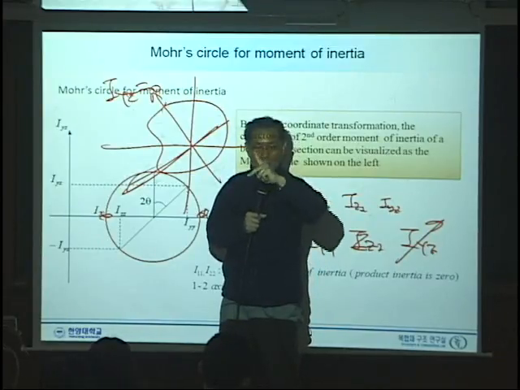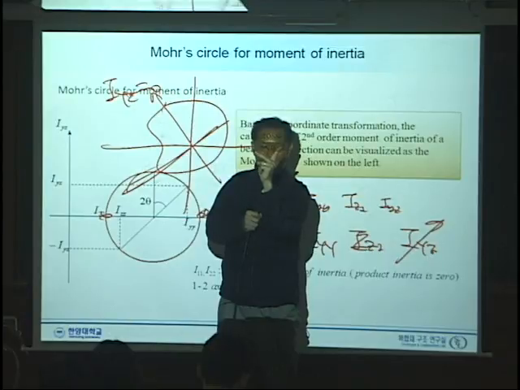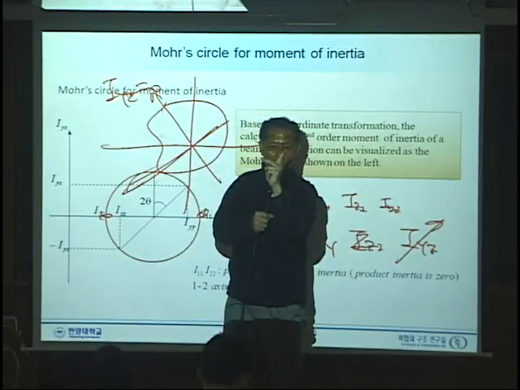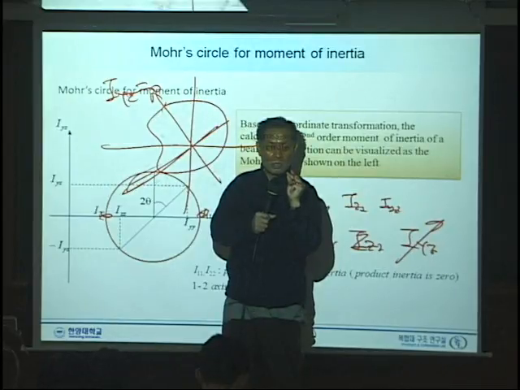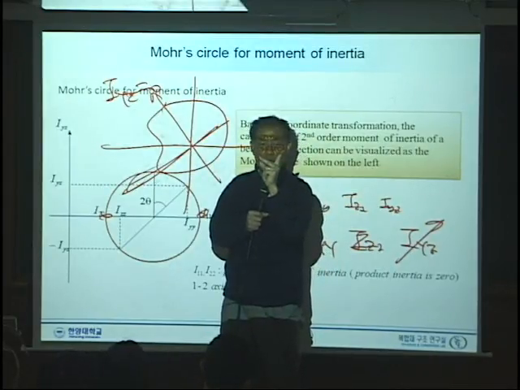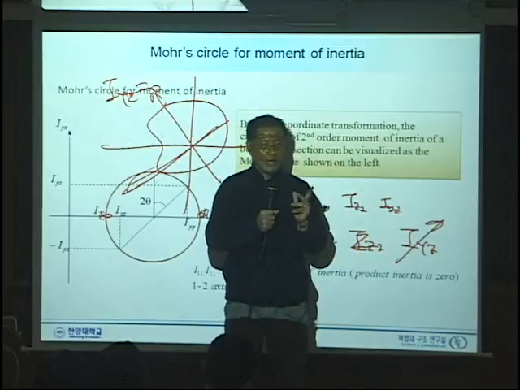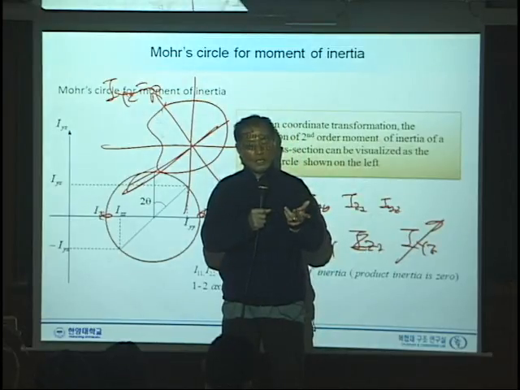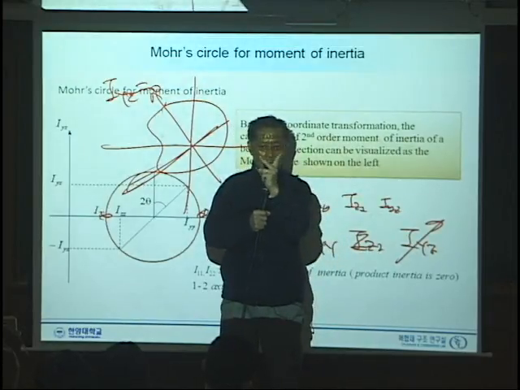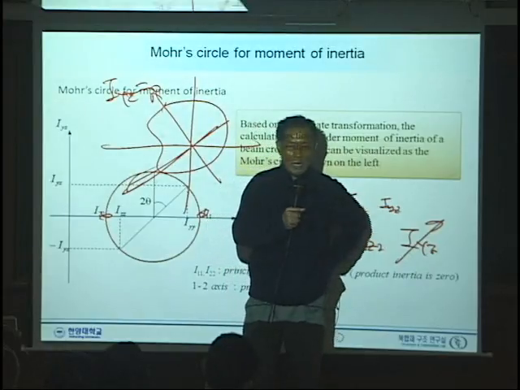If you rotate the axis, you can always find the axis where the product of inertia disappears. So only I_YY and I_ZZ are non-zero, and I_YZ disappears. That axis is called the principal axis.